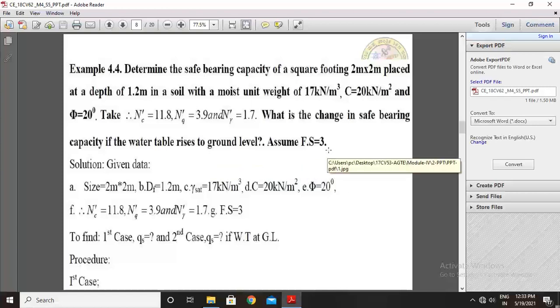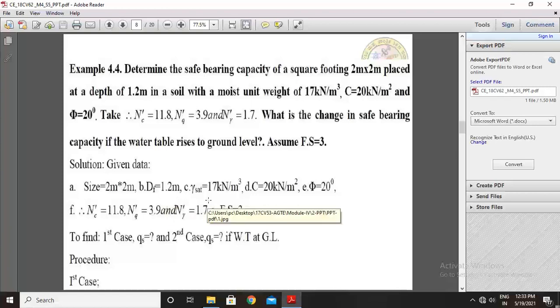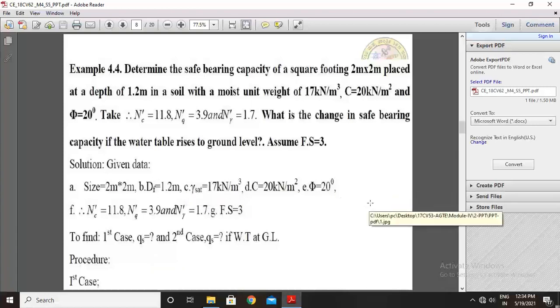So this is also this type of problem, but this is based on the water table also. First you write the given data. Size of footing is given 2 meter by 2 meter. Depth of footing is given 1.2 meter. Saturated unit weight is given 17 kilonewton per cubic meter. C is given 20 kilonewton per meter square. Phi is given 20 degree.